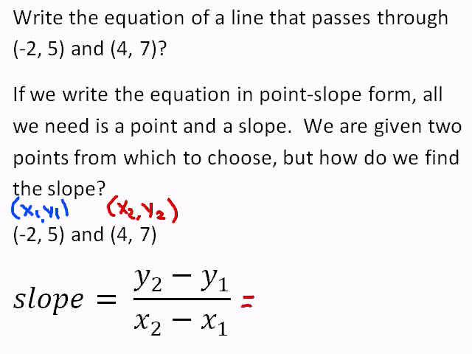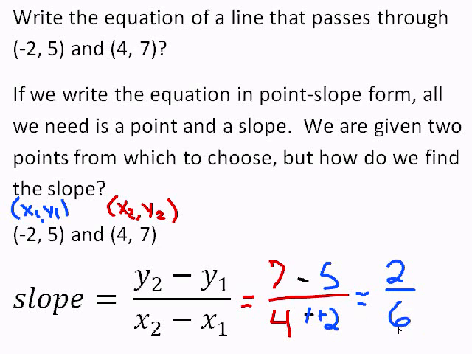And then I can substitute those values into my slope formula. y2, which is 7, minus y1, which is 5, over x2, which is 4, minus x1, which is negative 2, is equal to, in the end, 7 minus 5, which is 2, over 4 minus negative 2, minus a negative is plus a positive, so 4 plus 2 is 6, which we can reduce by dividing the top and bottom by 2, giving us, in the end, a slope, or an m value of 1/3.